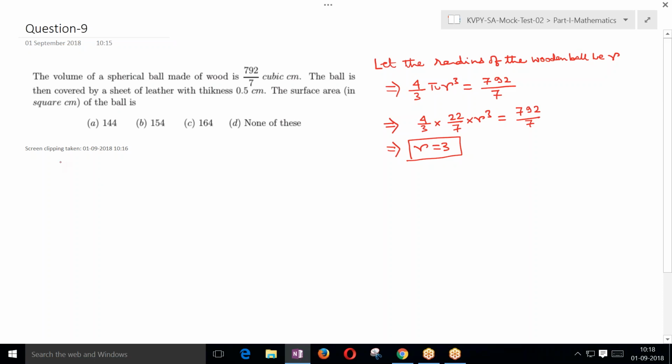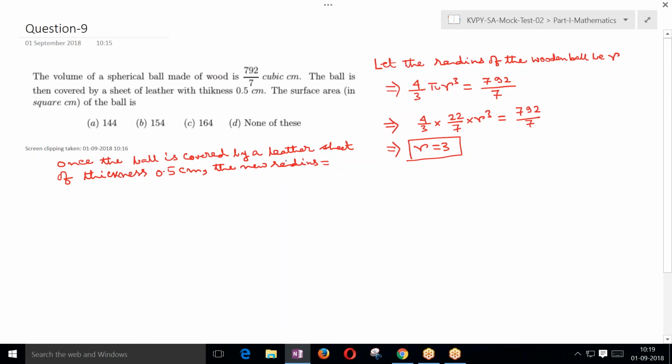So if I write properly here, once the ball is covered by a leather sheet of thickness 0.5 centimeter, the new radius is equal to, originally it was 3 and 0.5 has increased, it becomes 3.5 centimeter.